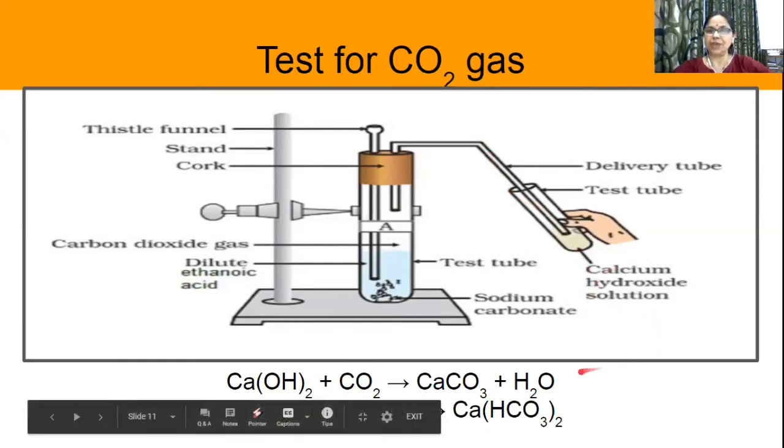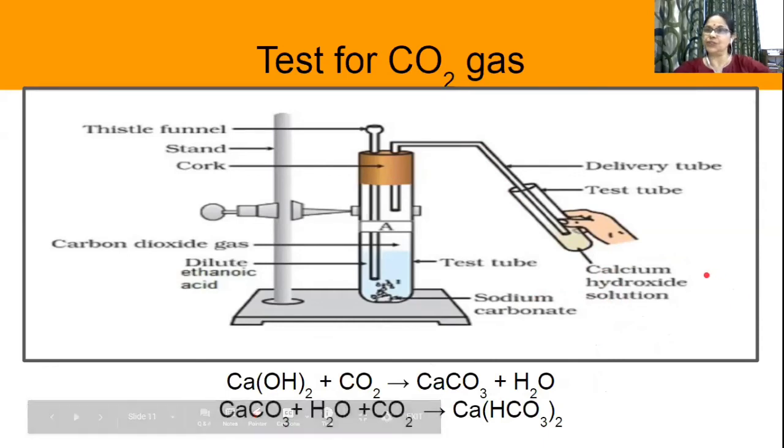Now this calcium hydroxide solution reacts with carbon dioxide and forms calcium carbonate, and thus the solution becomes milky in the beginning when the carbon dioxide gas is in small amount. Then when carbon dioxide is in large amount, this milkiness disappears because of the formation of calcium bicarbonate.